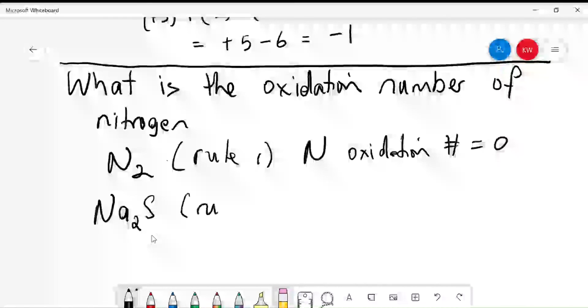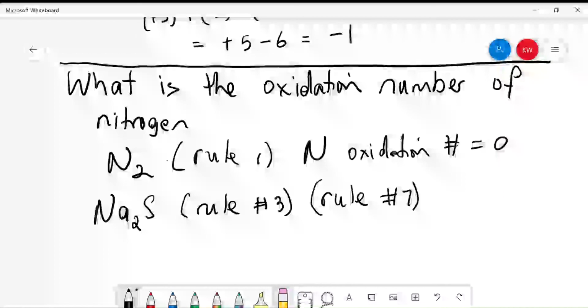Rule number 3 tells us if an element is from group 1 or group 2, it has an oxidation number of +1. And we also know rule number 7, where we're saying that the sum of the oxidation numbers is equal to 0.